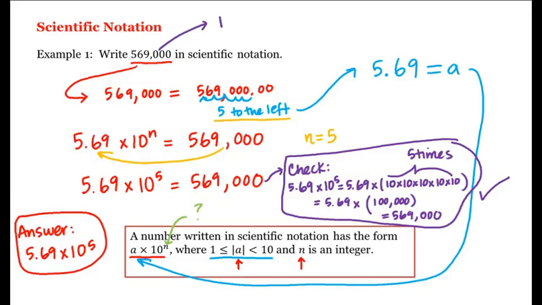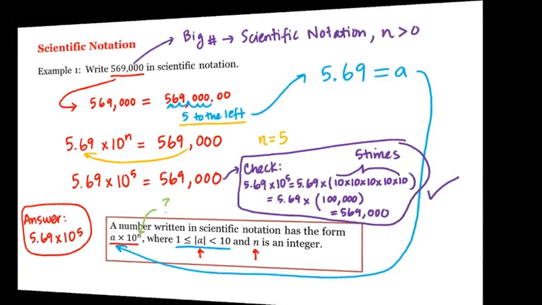So to go from a big number to scientific notation, n is positive.